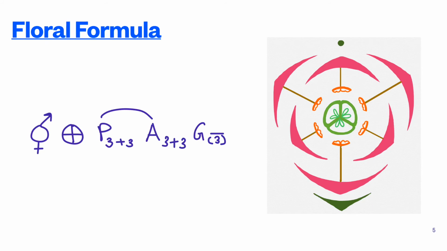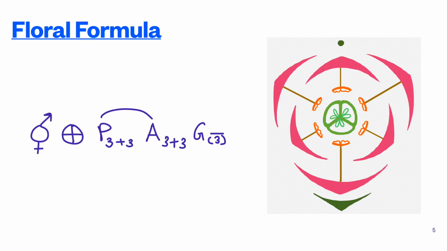Now, floral formula is also the same. It is a rule or a fact that describes structure of a particular flower, and it's specific, not common. On the screen you can see a floral formula that describes the structure of rain lily flower specifically.